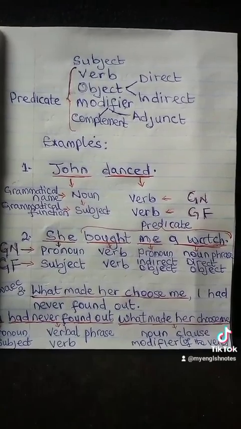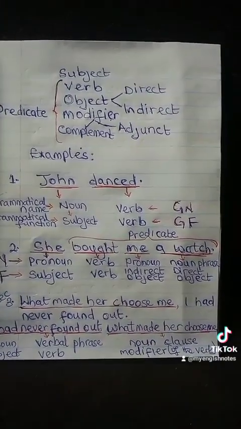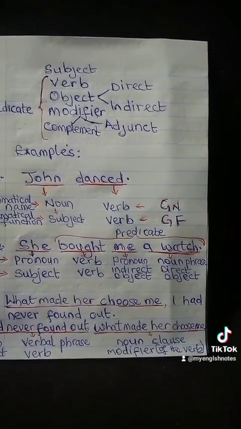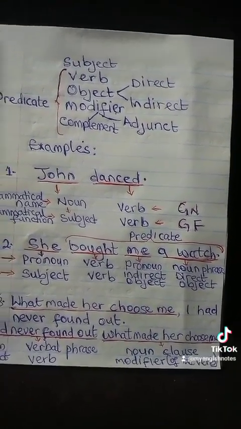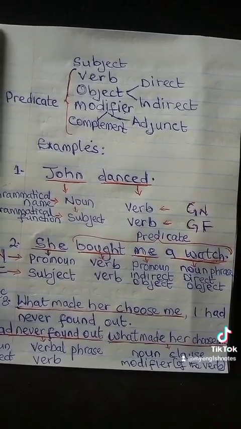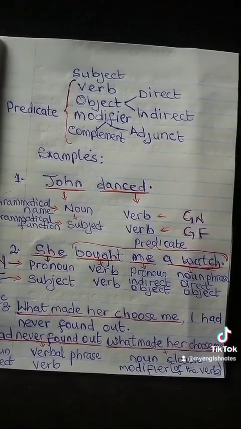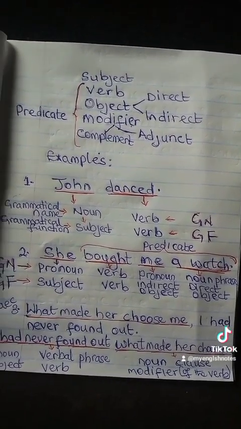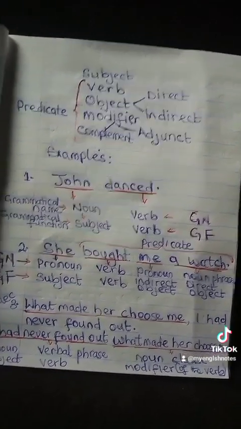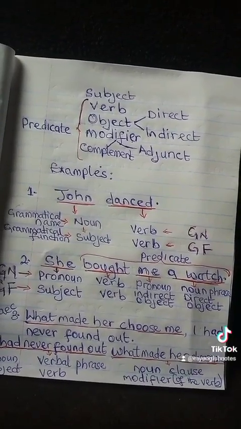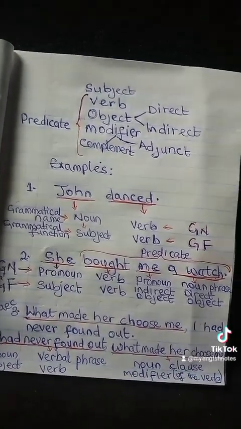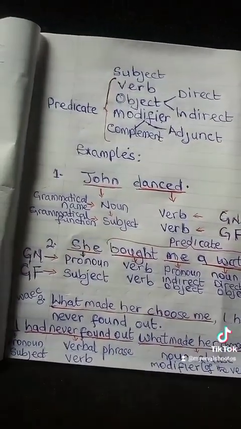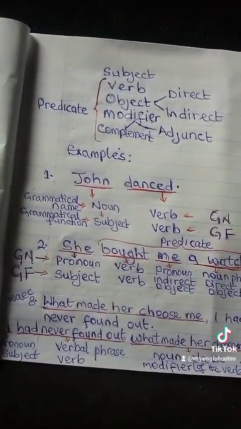What's the grammatical name and what is the grammatical function of this expression? The grammatical name is a noun clause: what made her choose me. It is functioning as a modifier. It is modifying the verb had never found out.